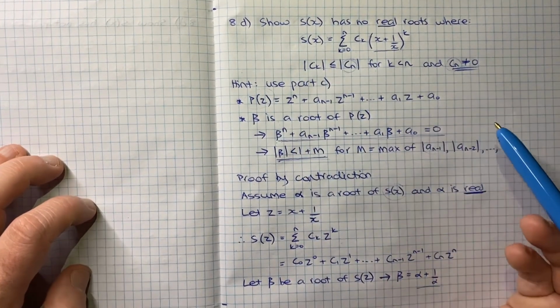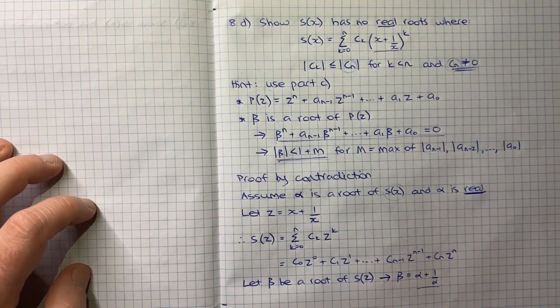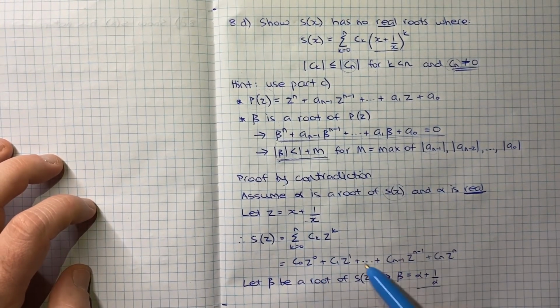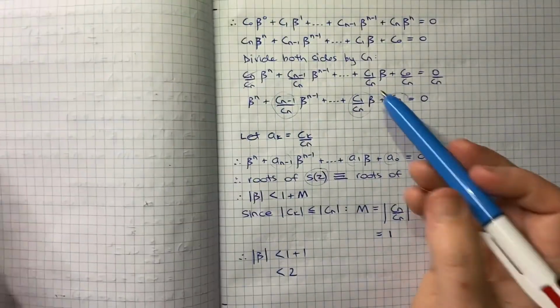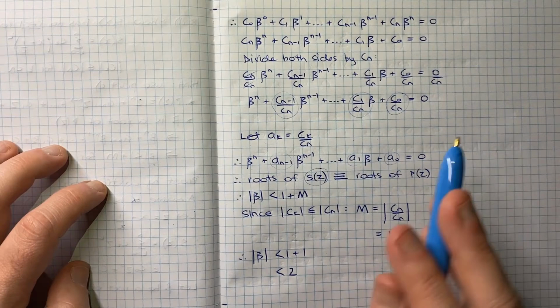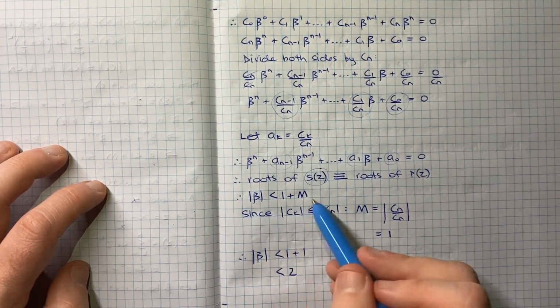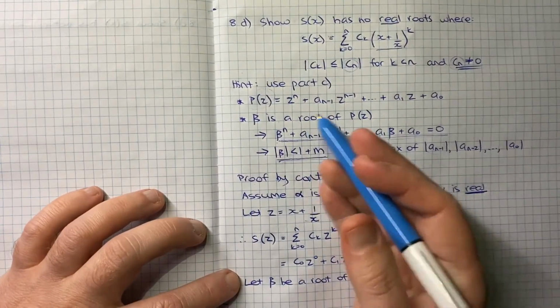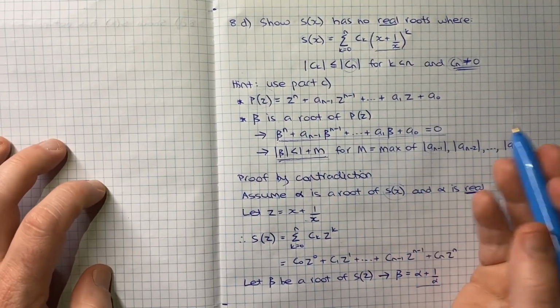It doesn't just jump straight out at you. You see that we had to do the work. We had to first let z equal x plus 1 on x, and then later on we had to define a_k, and it was then that we were able to show they are equivalent, so let's use this result. But even then, before all of that, just knowing proof by contradiction is the way to go.